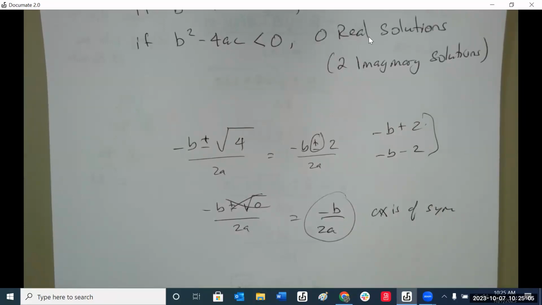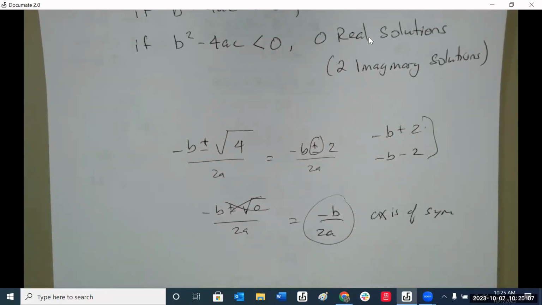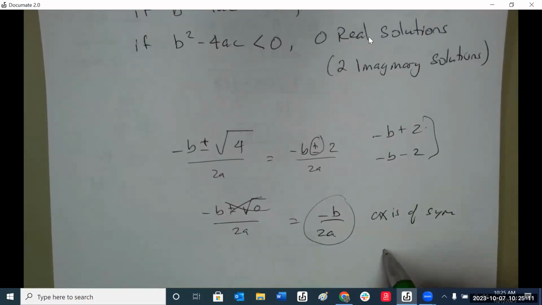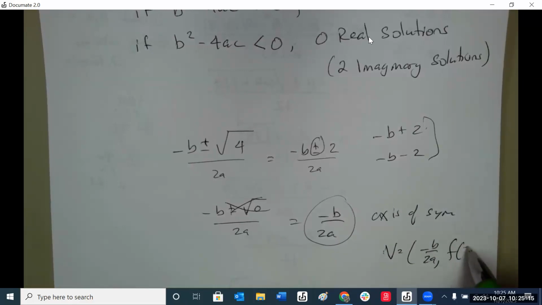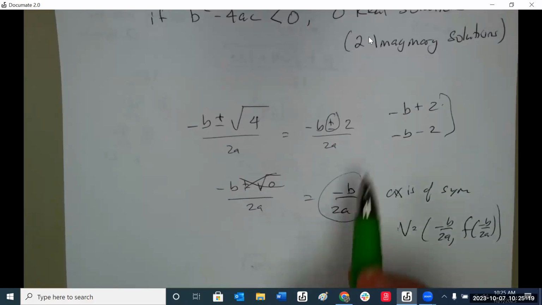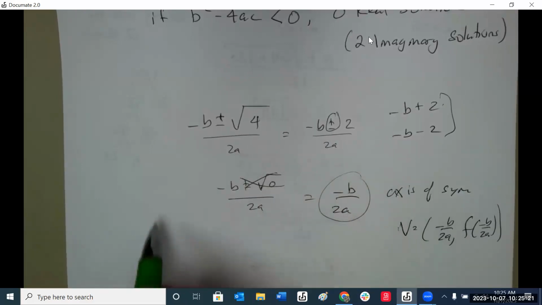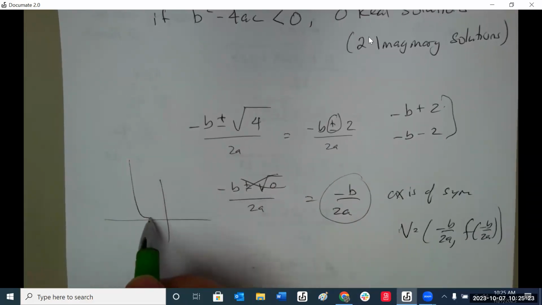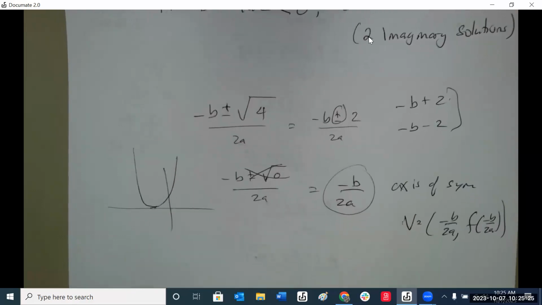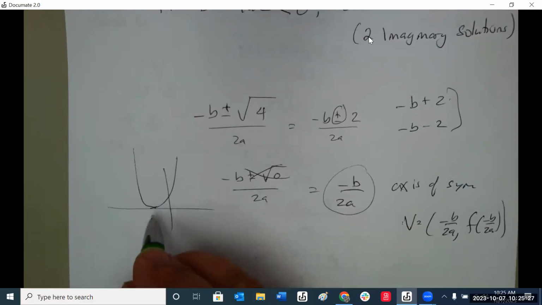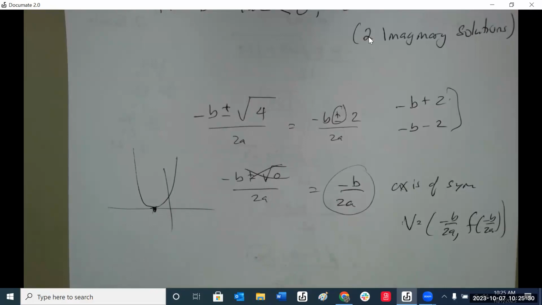Remember the formula we had for the vertex of the quadratic equation, negative b over 2a. Since it's 0, the vertex lands on the x-axis. The vertex is a point on the x-axis. We only have one solution.